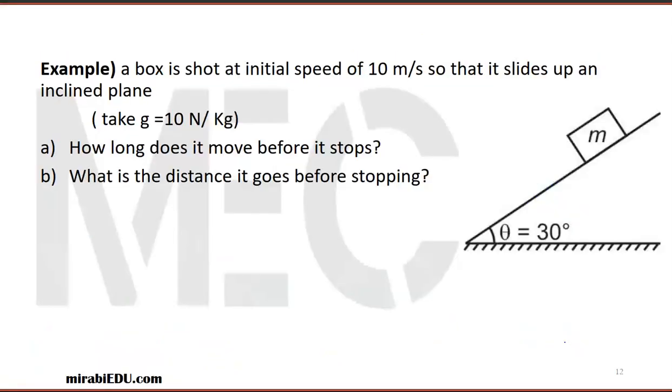Okay, this is the last example in this session. A box is shot at an initial speed of 10 meters per second so that it slides up an inclined plane. The box is here initially.